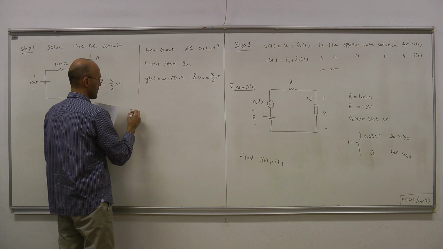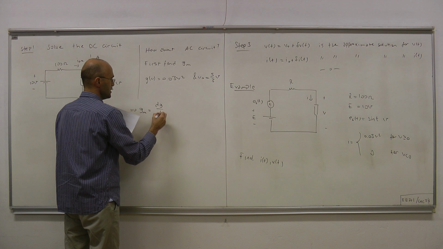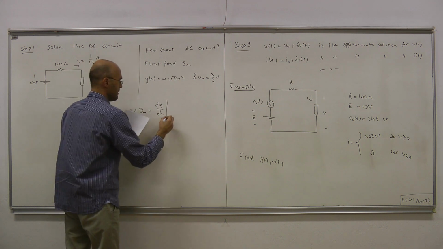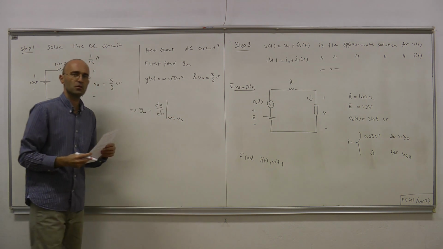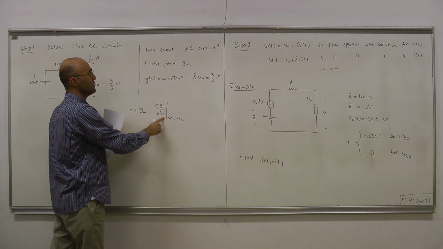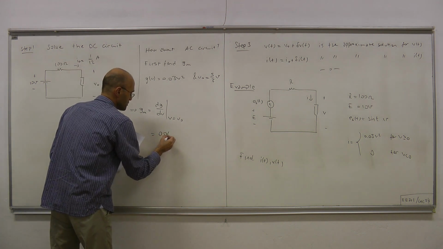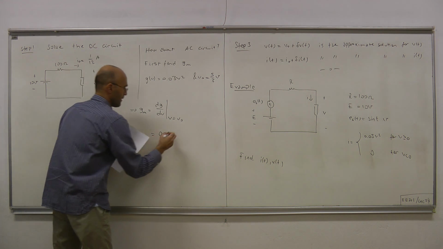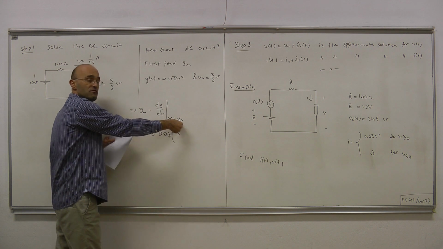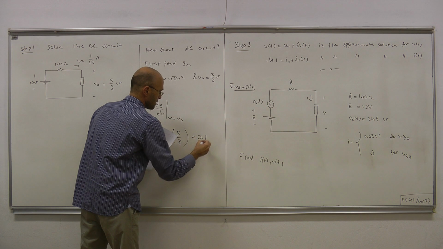Therefore, Gm is dg/dv evaluated at v equals V0. The derivative of g with respect to v is 0.06 v, and v is V0, which is 5/3, so that's 0.1.